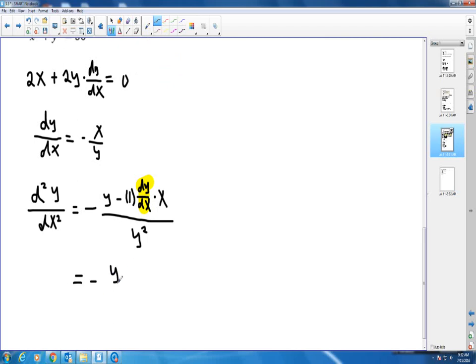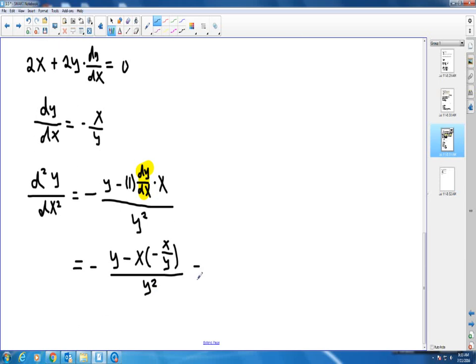So that will be negative (y minus x, second term x will times the negative x over y), so I substitute negative x over y for the dy/dx, whole thing over y squared. Alright, if I continue to simplify, this is going to be negative (y plus x squared over y) over y squared.